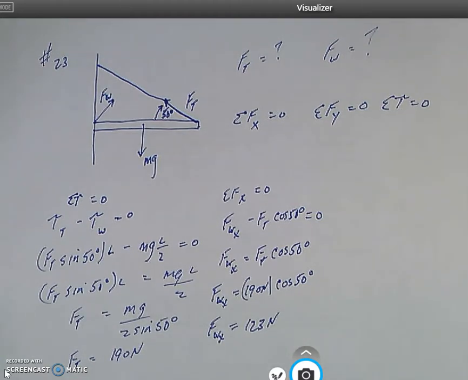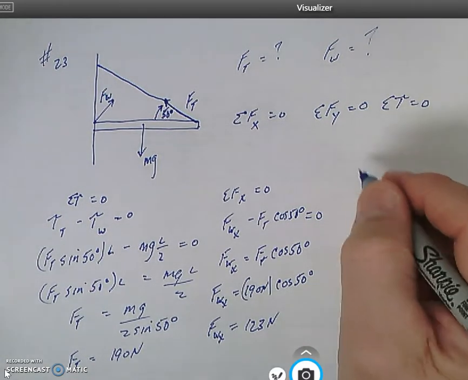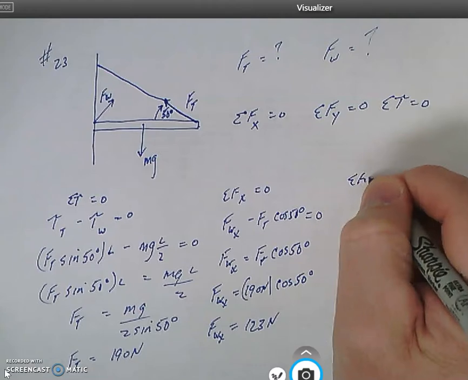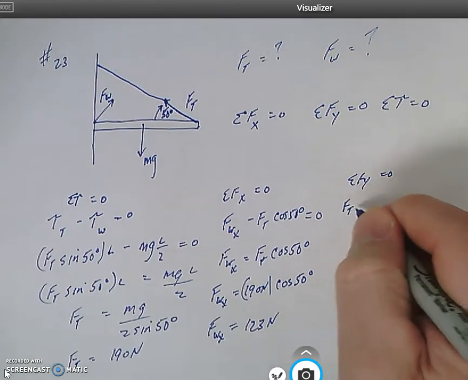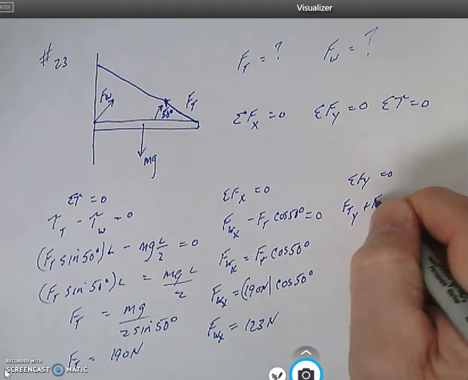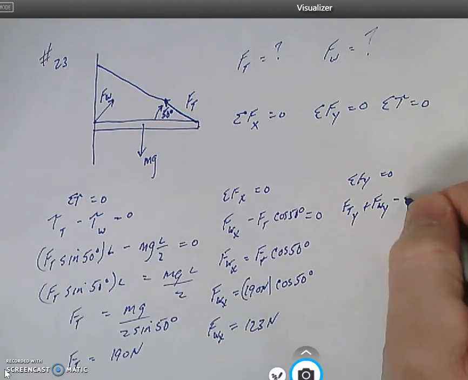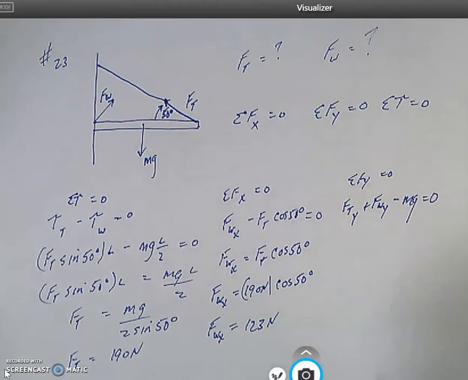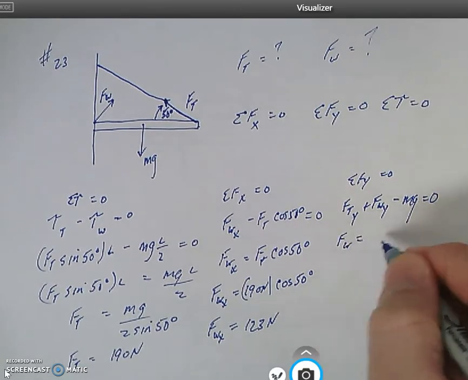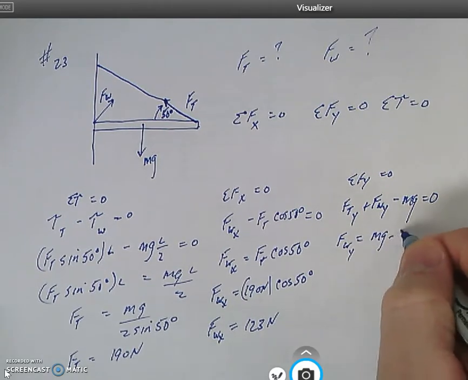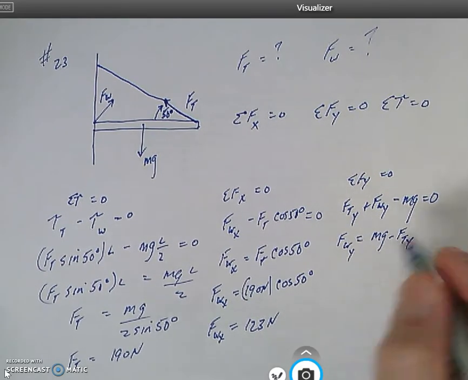Same thing for the y force here. Sum of the forces in the y must equal 0. Well, what's acting in the y? Fty plus the wall's y force minus the weight of the object has to be 0. So then the wall's y force will be equal to m times g minus Fty.